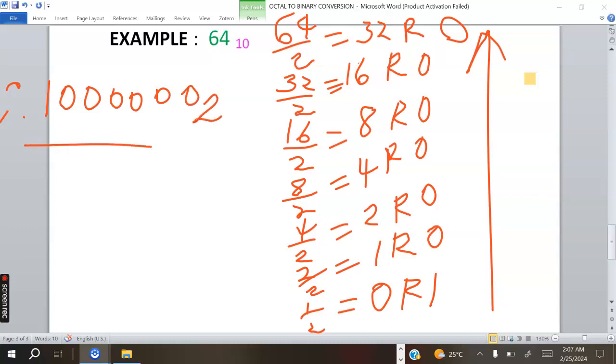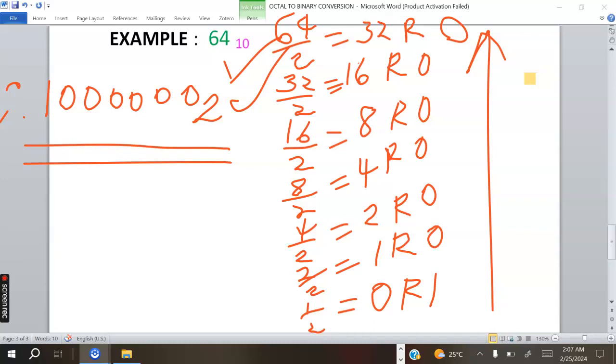So that is the final answer that you're supposed to get. So you give yourself a tick for that. So if you convert 64 as a decimal to binary, you will eventually get 1000000 base 2 as the answer, which is the binary number of the decimal.